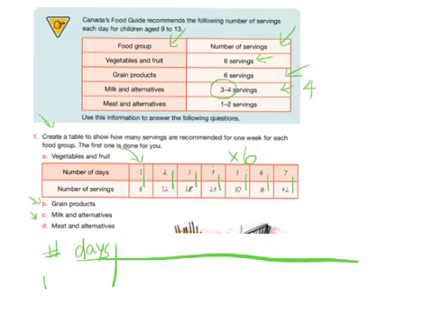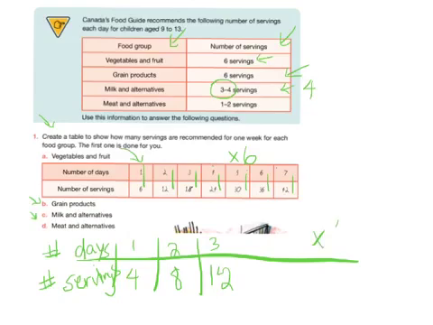So number of days, number of servings. Day 1, I'm going to have 4 servings each day, so 4. Day 2, 2 groups of 4, 2 times 4 would be 8. Day 3, 3 groups of 4 would be 12.